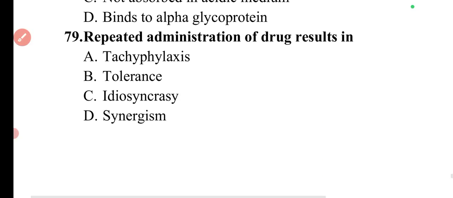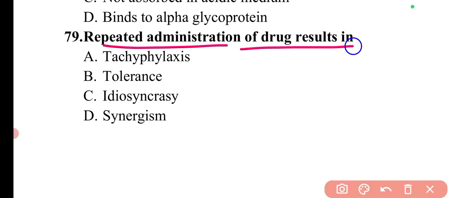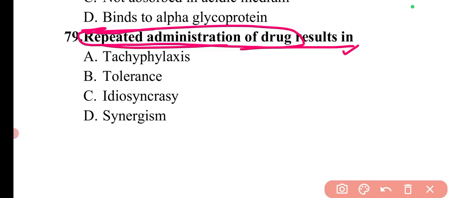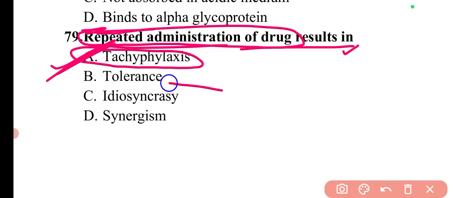Then moving to the next question. The question is repeated administration of drug results in. So this question has been asked in the previous examination. In this particular question, it is simply saying the repeated administration of drug, and in the answer key it was tachyphylaxis.